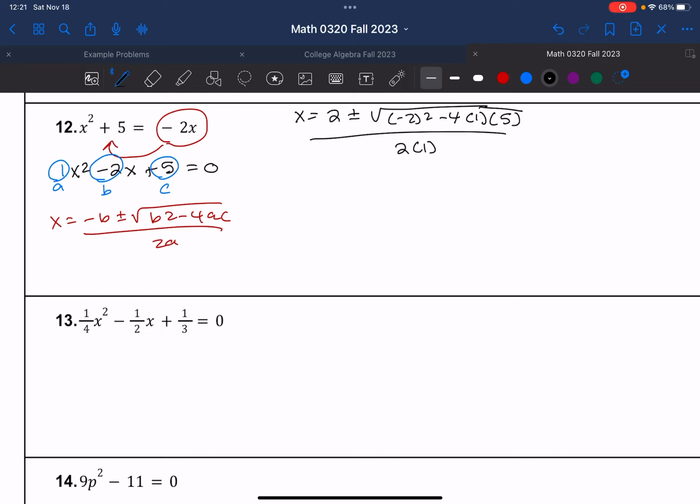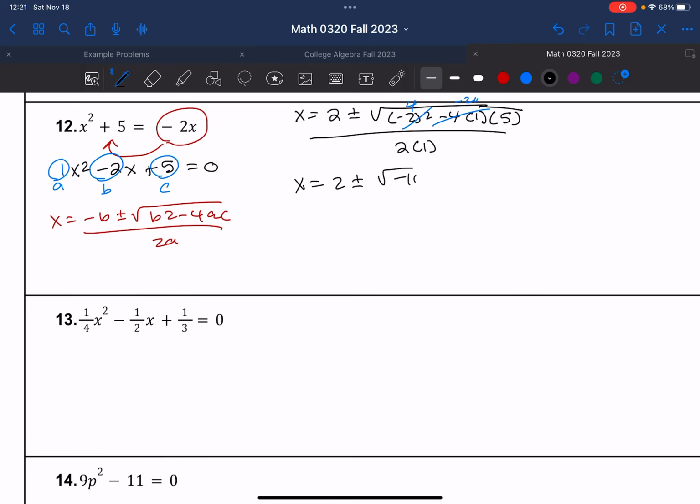This is going to give us x is equal to 2 plus or minus, once we simplify that discriminant, this becomes a 4, and this becomes a -20, so -16, so square root of -16 over 2.